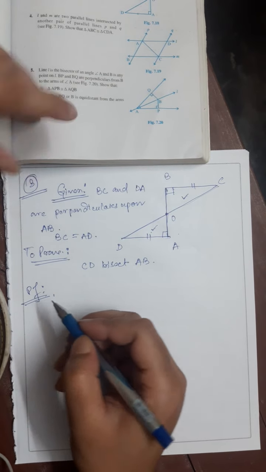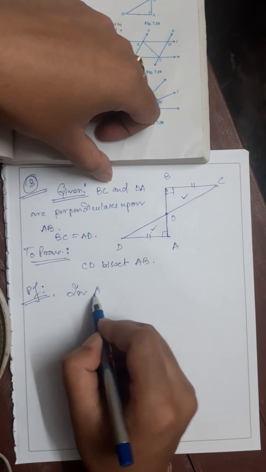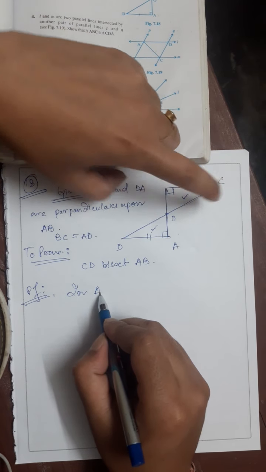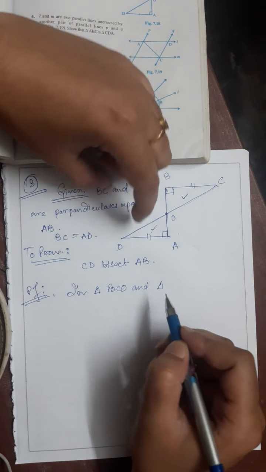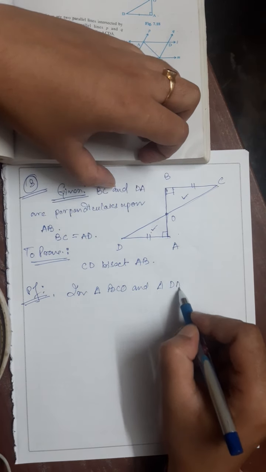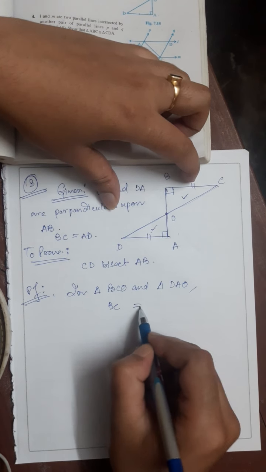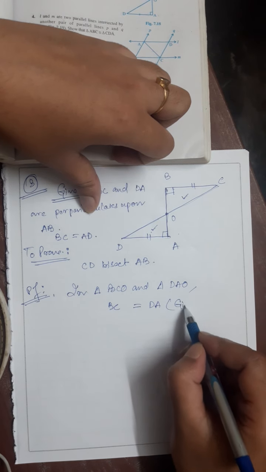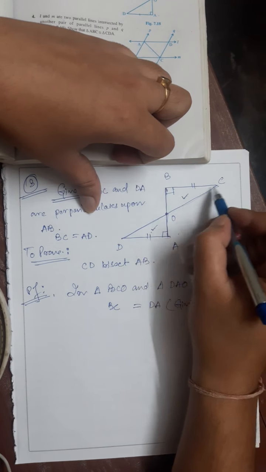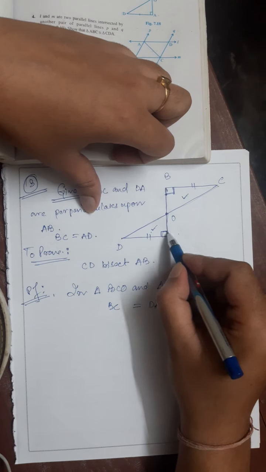Now we'll start the proof. So first of all, we'll write the name of the triangles. In triangle BCO and triangle DAO, what are equal? Here BC is equal to DA. This is given. Next, in this triangle, angle B is 90 degrees, and in the second triangle, angle A is 90 degrees.